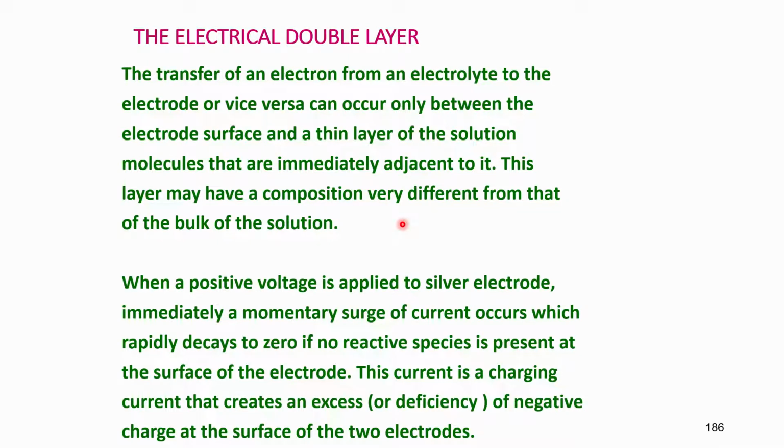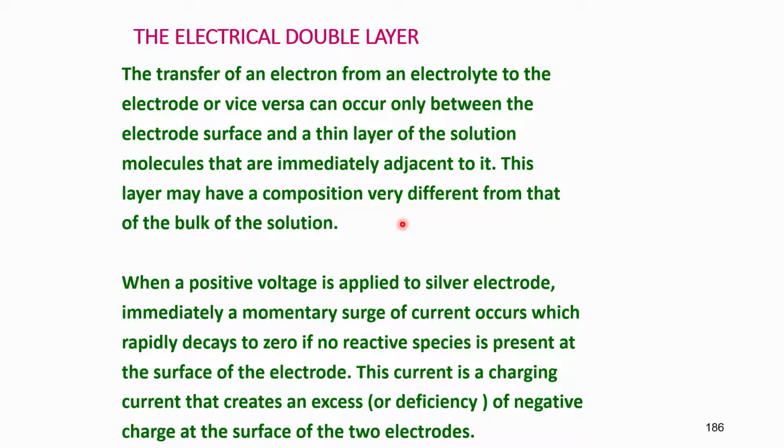Your imagination should be a water body having the same shape as the electrode and very minute thickness, maybe 0.5 millimeter or 0.05 millimeter. That layer of water immediately adjacent to the electrode is the water-electrode junction.